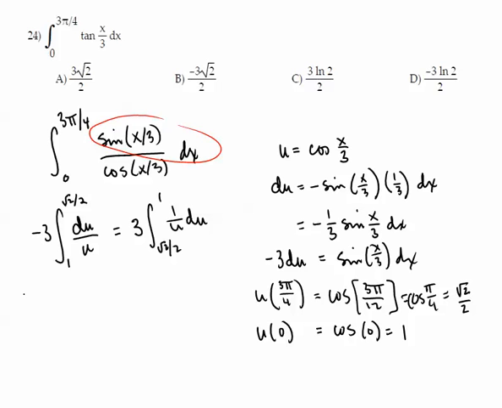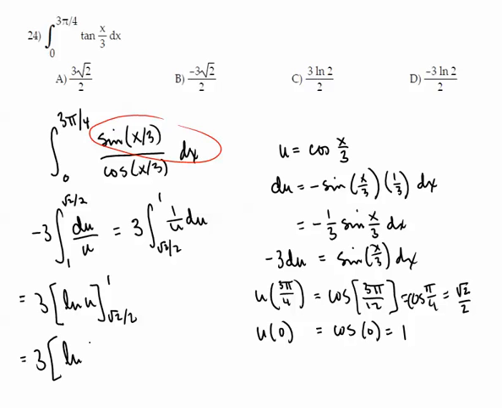The antiderivative of that is going to be ln of the absolute value of u, but because our limits are both positive, we don't need to worry about that, and we'll have ln of u from root 2 over 2 to 1.